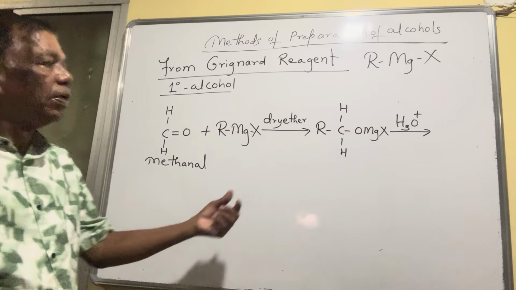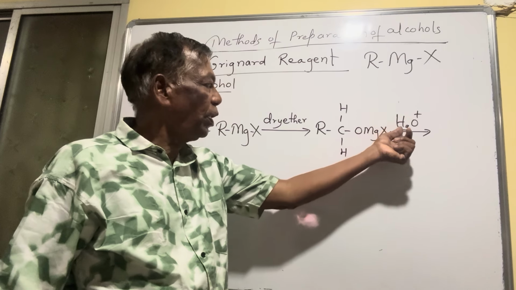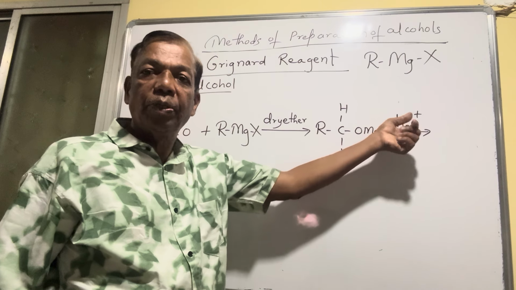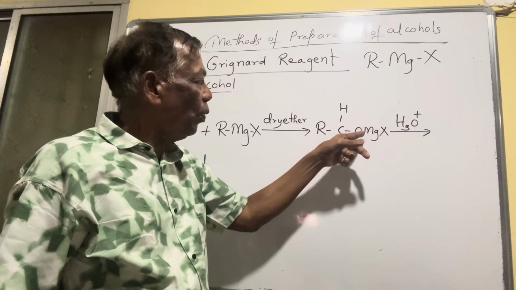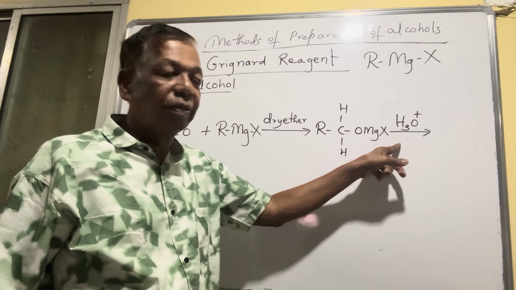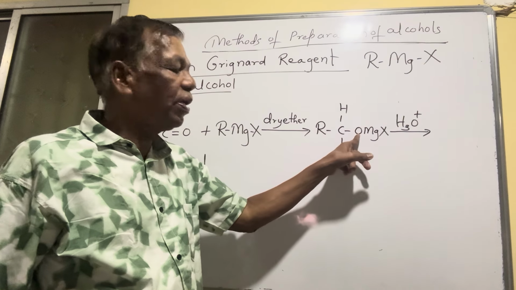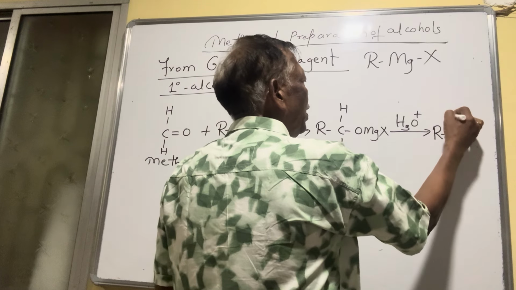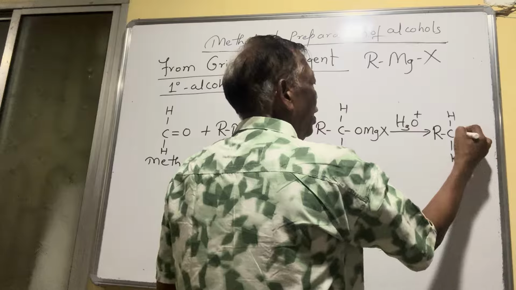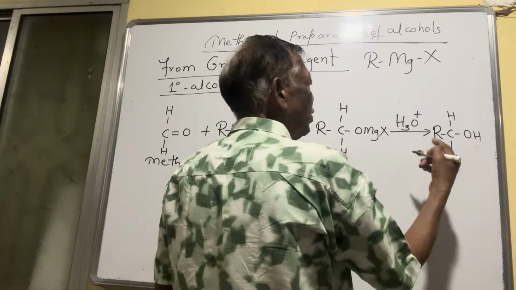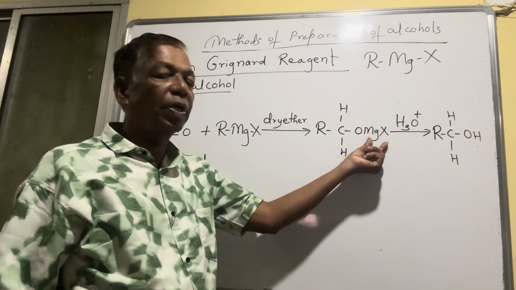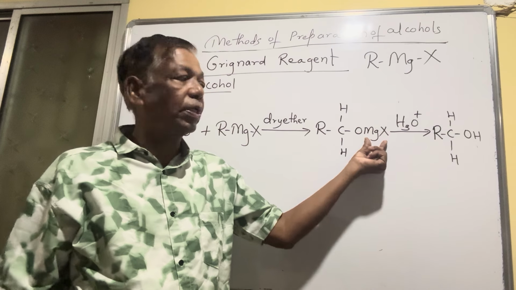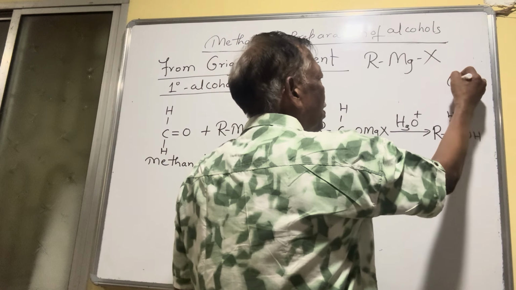So from here OH and H. That OH will add to the MgX, and H from here will add to this O. And therefore what we'll get here will be RCH2OH, plus if you want, you can write the other product as MgXOH. I'll write here in short just to understand.